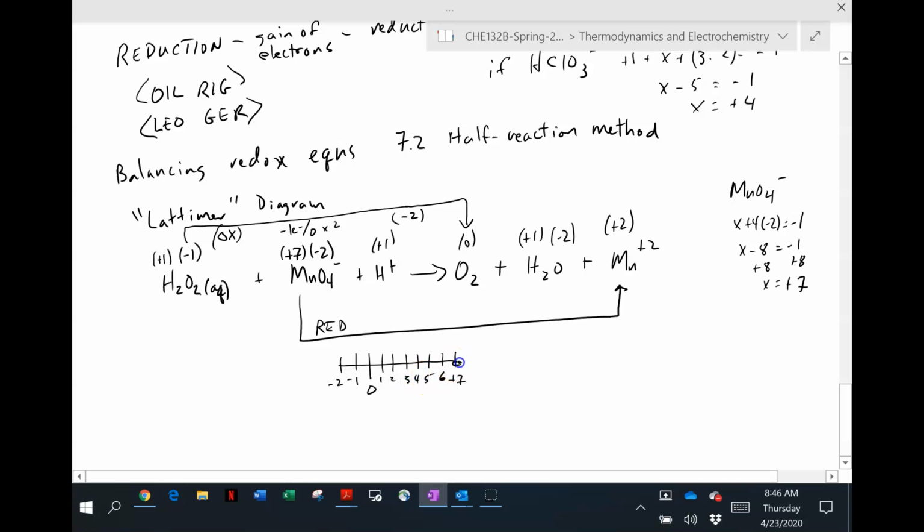All right, so we start at plus 7, we go to plus 2, that means 1, 2, 3, 4, 5 electrons, and if the charge is going down, electrons are negative, that's going to be plus 5 electrons per manganese. We have 1 manganese, so this is again going to be a 5 electron process.